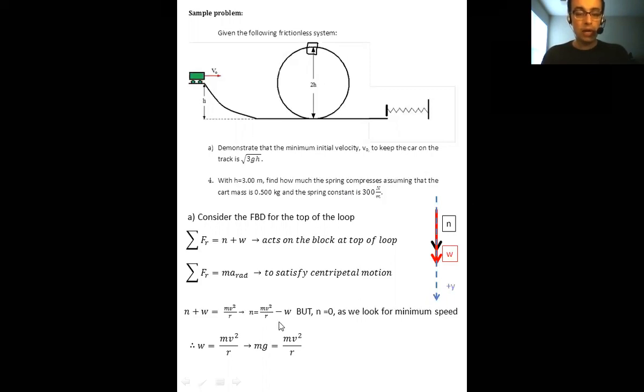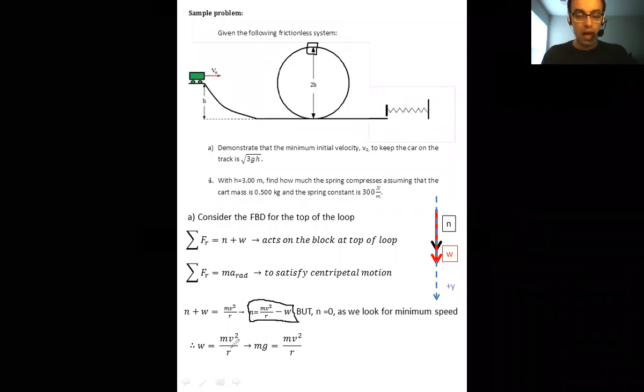So we can rearrange this equation as W equals mv squared over r. And because weight is given by mg, we can make our substitution for weight: mg equals mv squared over r. We go ahead and plug in, and we can cancel out the masses here.